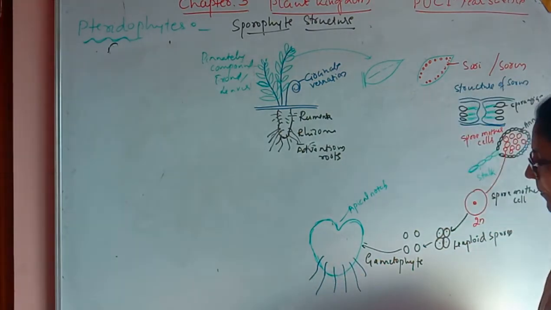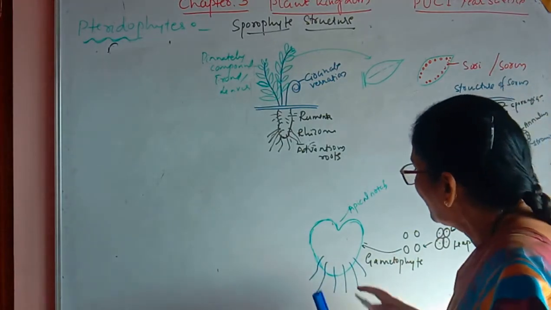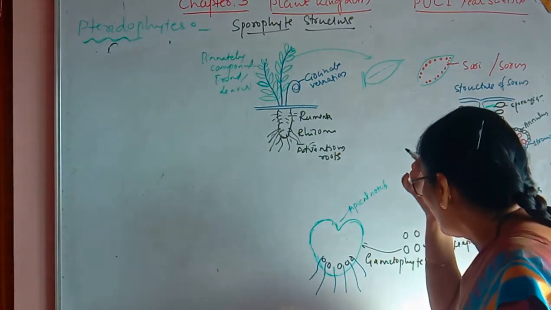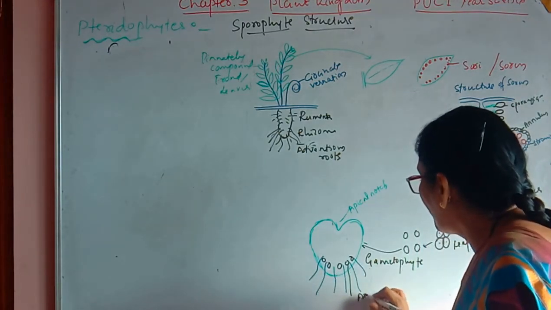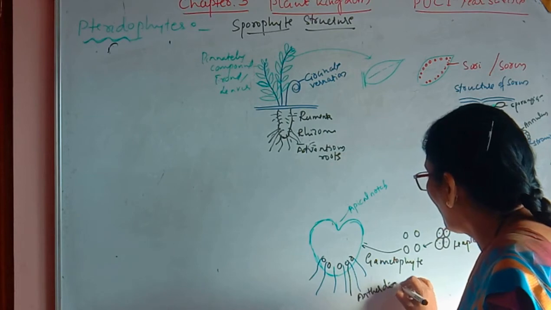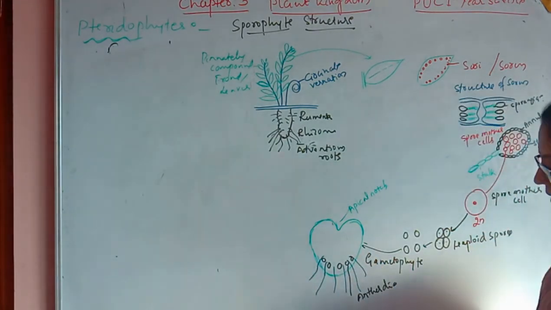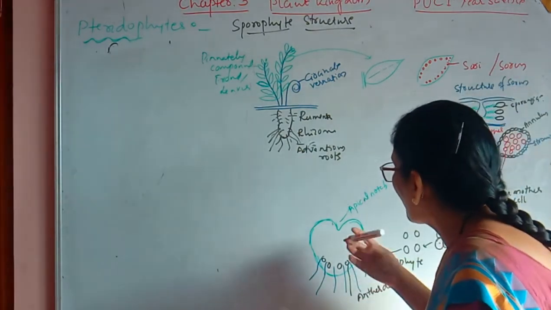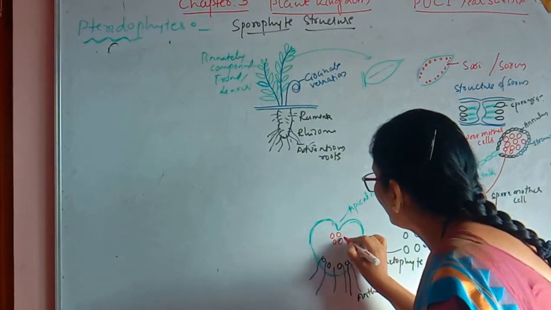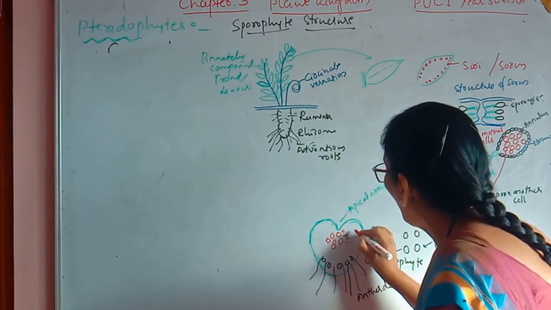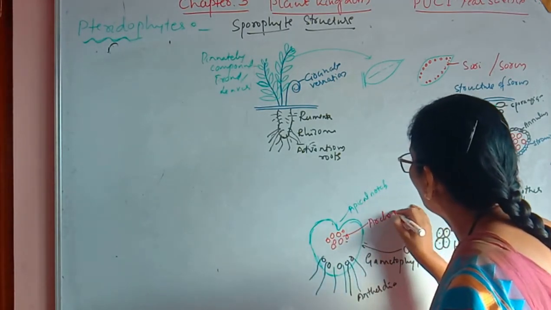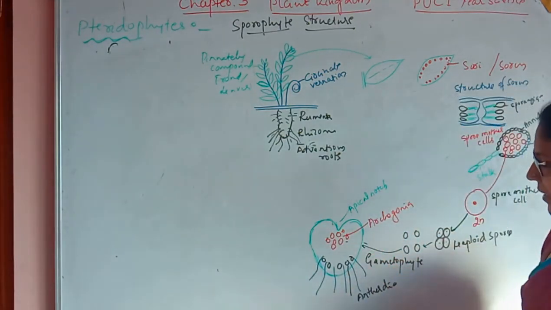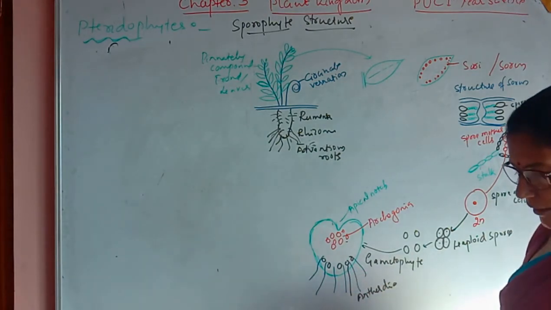In between the rhizoids, male sex organs are present. These male sex organs, the antheridia, are present towards the lower surface, and towards the upper side female sex organs are present. These are called the archegonia.